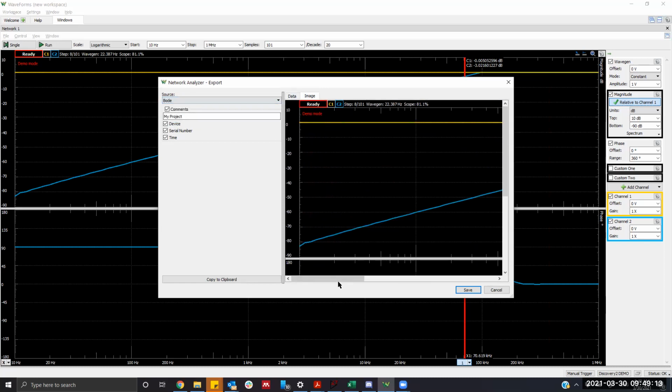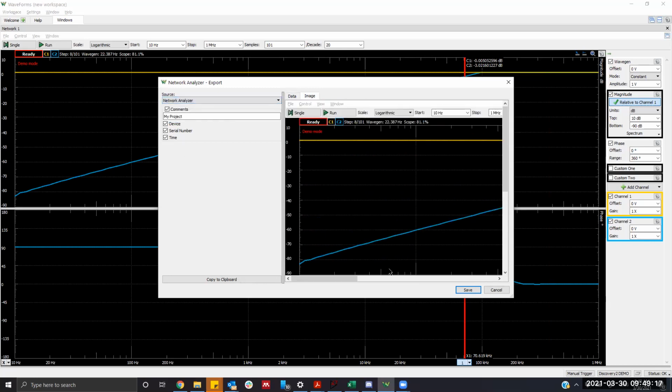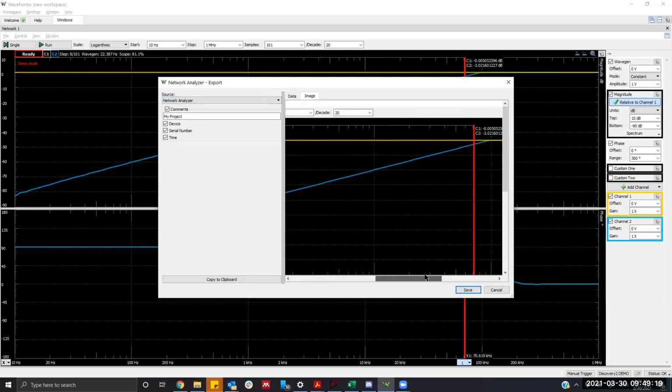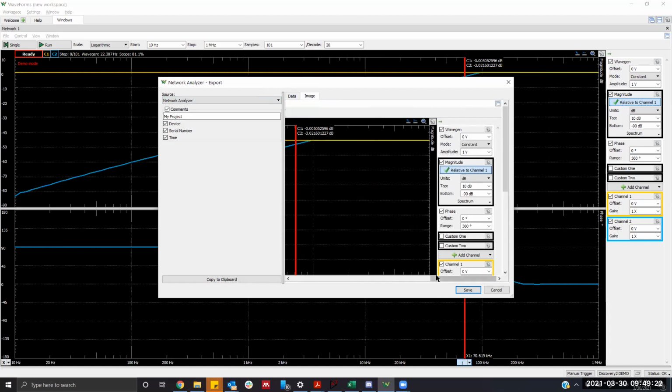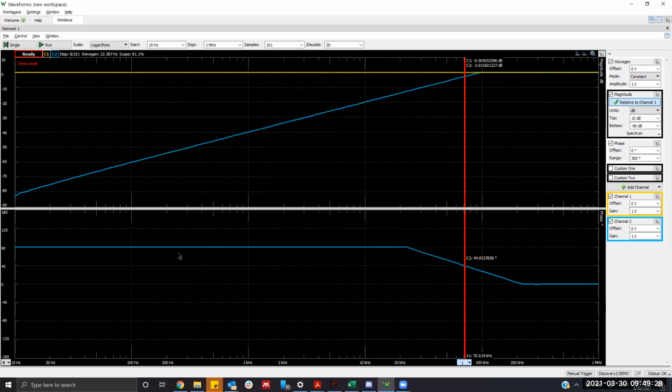If you want just the plot, you can have just the plot, or if you want the entire network analyzer interface, then you'll get the scales and everything on the right also. Okay. All right, so that's how you use the network analyzer and export data from it.